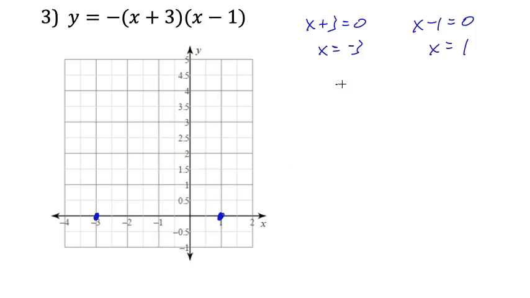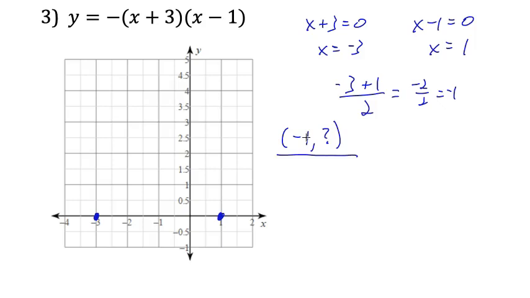Remember, if it's hard to see that, you can always add these two x-intercepts and divide by 2. And we land at -1. So the vertex of this parabola will be here at x equals -1. But we don't know the y value of that point yet.